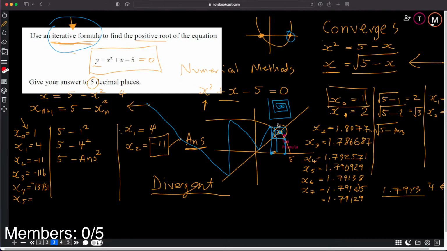But if you just observe our rearrangement, these graphs only meet at one point. They only meet at the positive. The other rearrangement was like this, and it did have 2 points of intersection, but it was a divergent rearrangement, so it's not going to yield anything. There are definitely limits to this method.